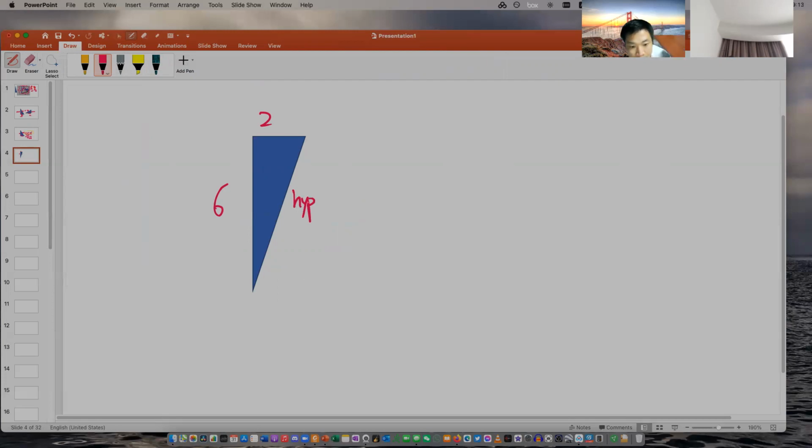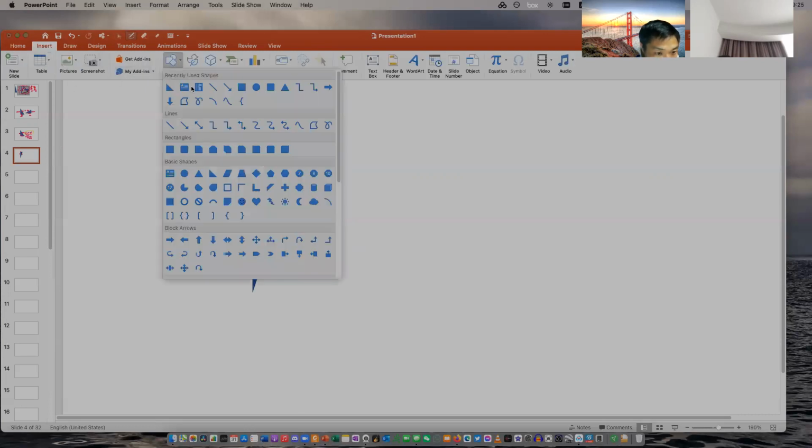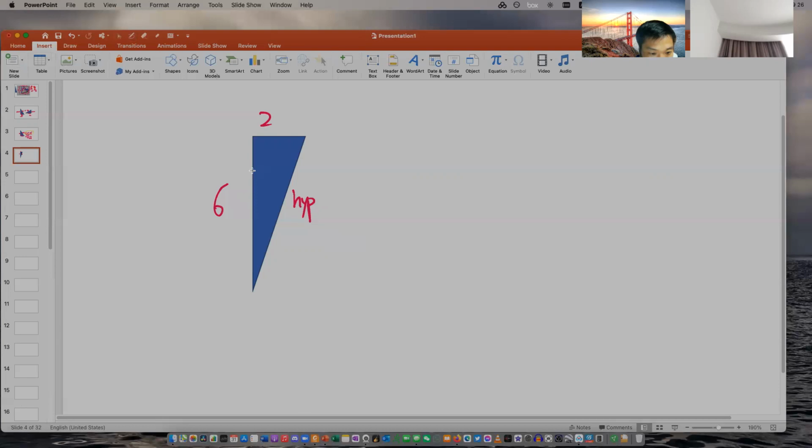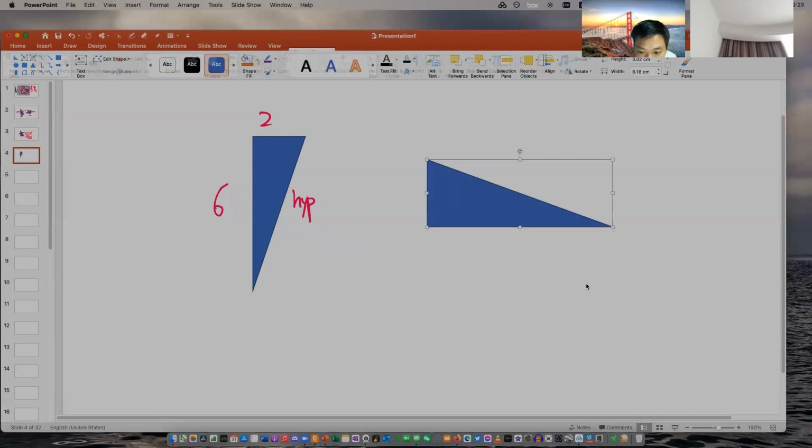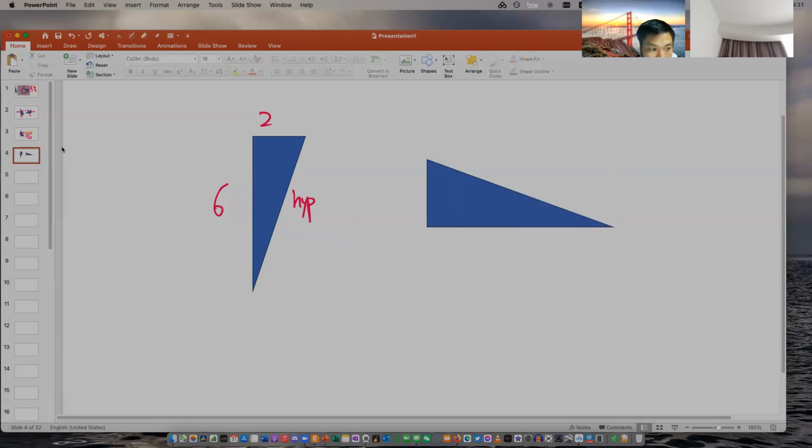Let me elaborate or highlight to you. Given any right angle triangle, by the way, this only applies to right angle triangles.